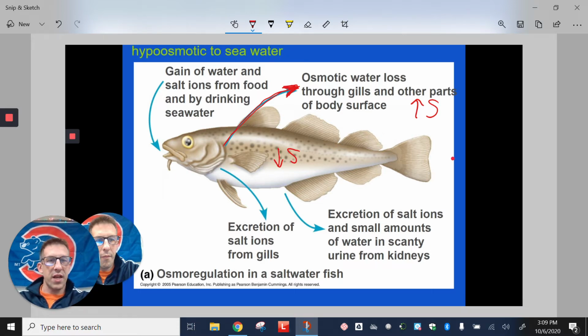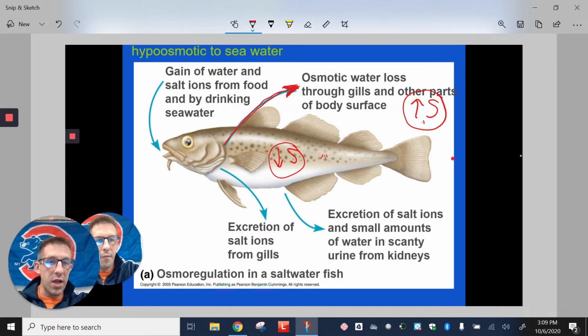But we also have the concentration of solute. Remember that there is solute here, okay, stuff dissolved in the water, and we have a certain amount of solute here. Okay? Now remember how things move down their concentration gradients. They go from areas that are highly concentrated, right here, to areas that are low concentrated, which is inside the fish.